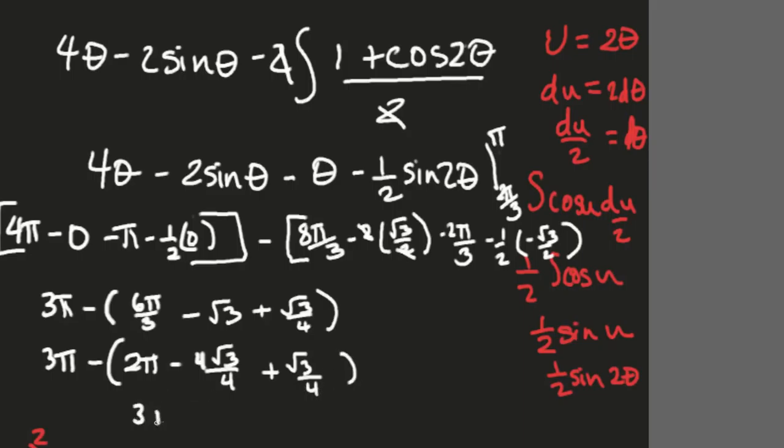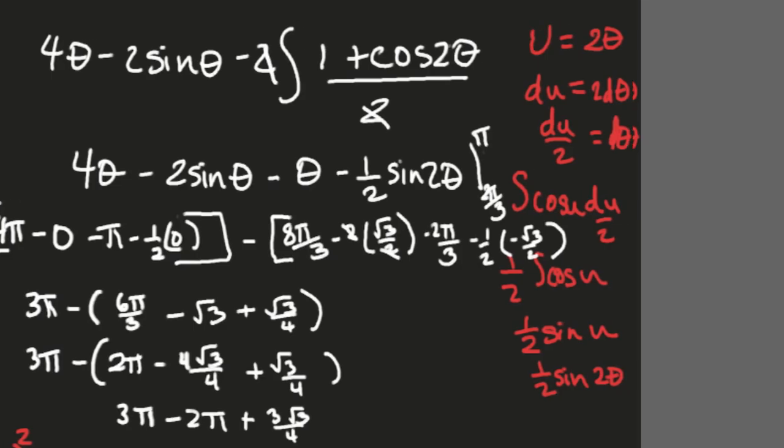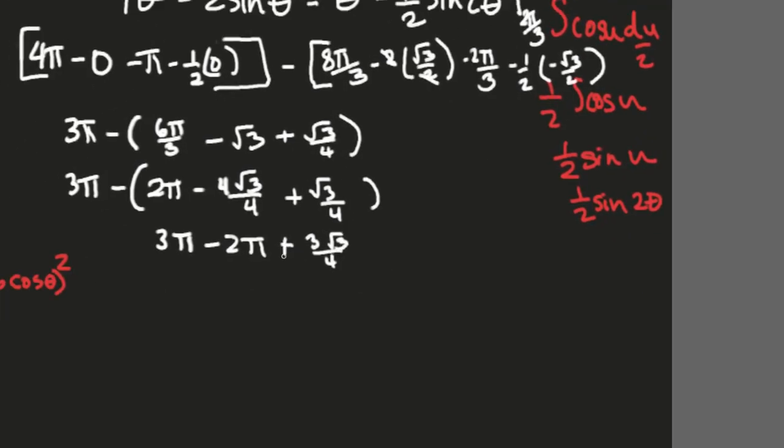So it'd be 3 pi minus 2 pi. And then this is a minus 3 pi over 4, so it becomes a plus 3 root 3 over 4. So then 3 pi minus 2 pi is pi, plus 3 root 3 over 4.